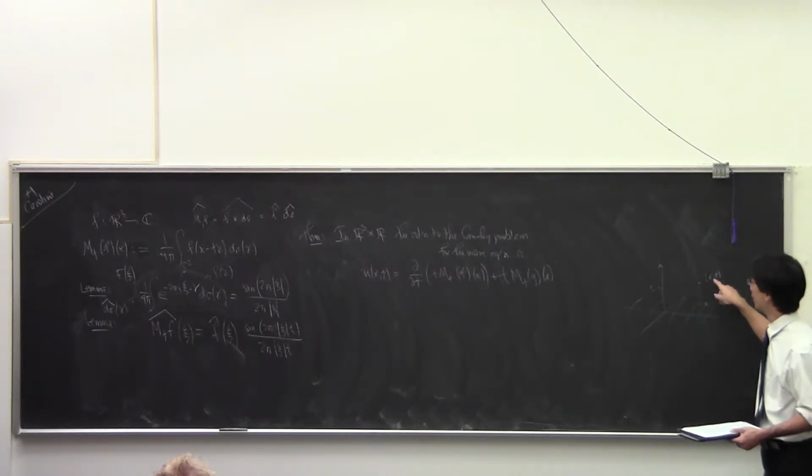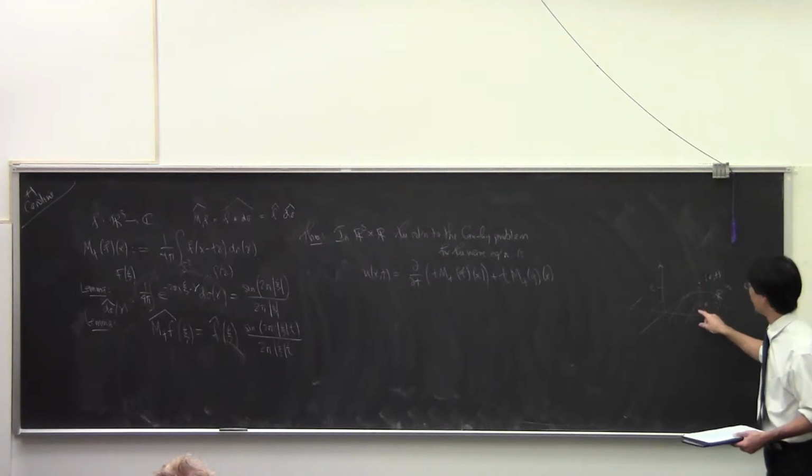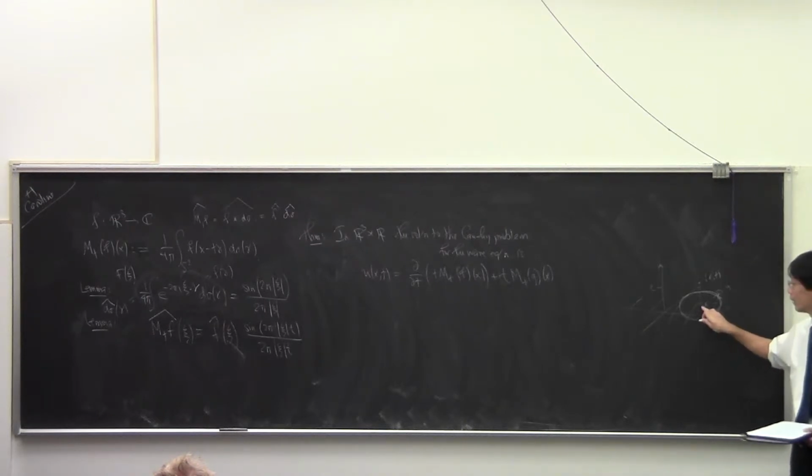So this is saying that the value of the solution at that point depends on the average on a sphere around x of radius t.